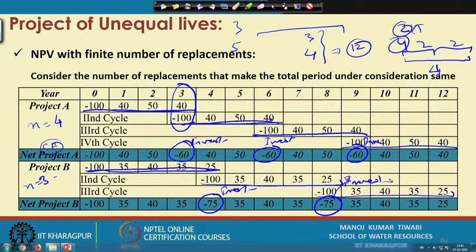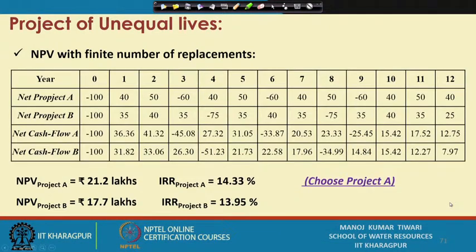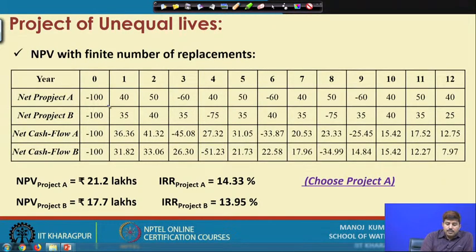So, this way I get the total cash flow for project A and project B for a common period of 12 years including both the projects, and from here onwards I can actually compare these projects. So, we see that for project A, this is the net cash flow up to year 12. For project B, this is the net cash flow up to year 12.